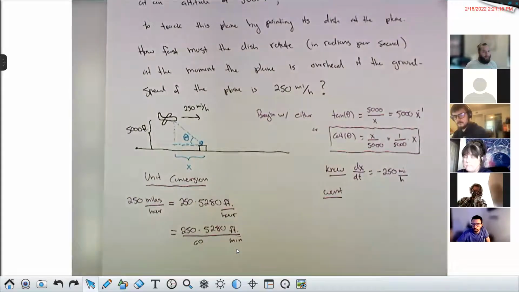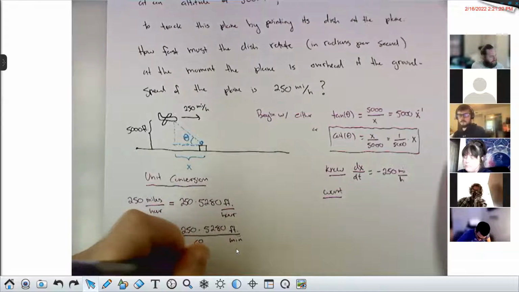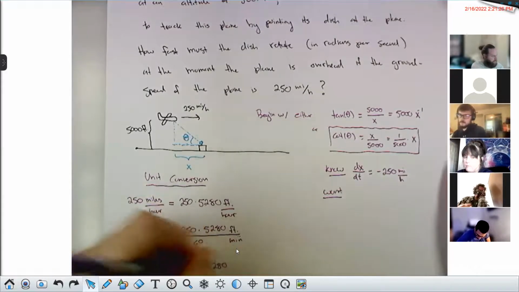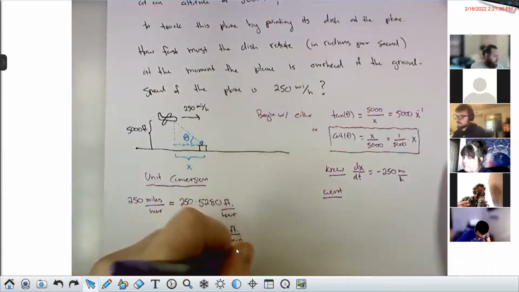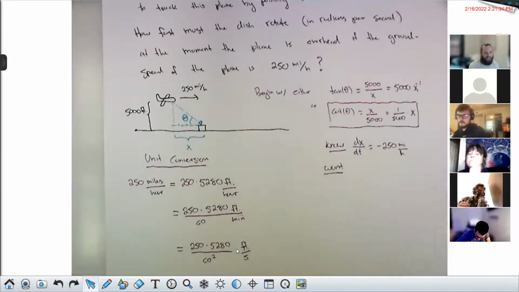And then if I want to go down to seconds, I need to divide by 60 again. So this would be 250 times 5,280 divided by 60 squared feet per second. And that's the SI unit here. So this is the nice one.